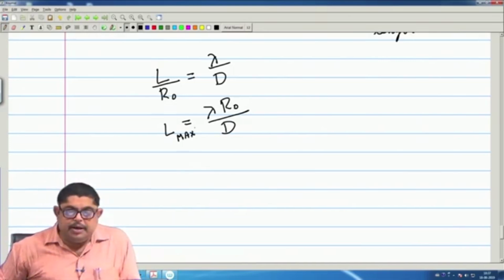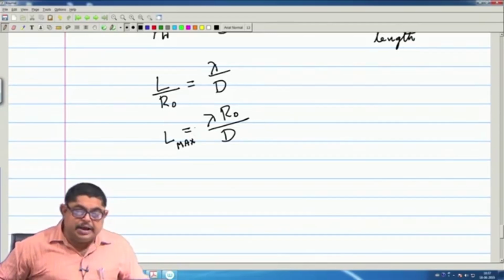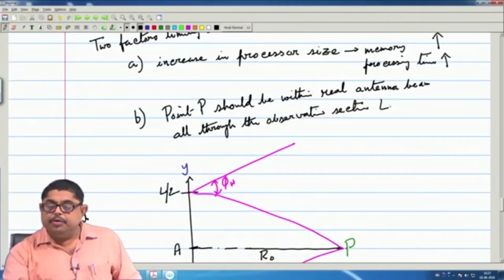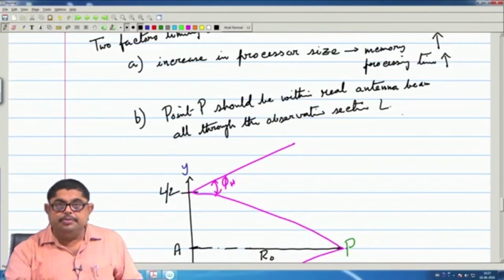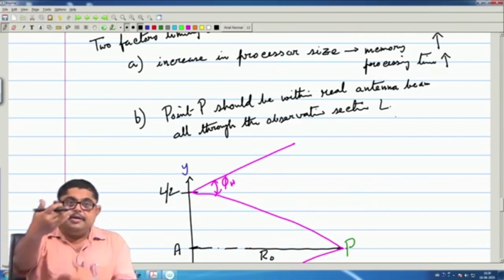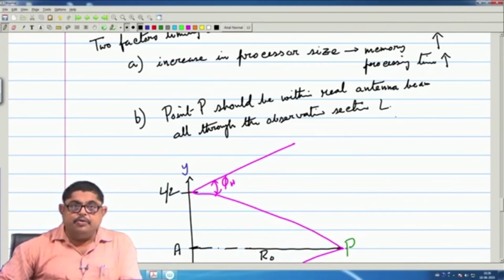The maximum L can be this. So, the second factor is that this point P should be within the real antenna beam. Also, the observation section L tells me that physically you cannot have a SAR antenna length greater than that value.